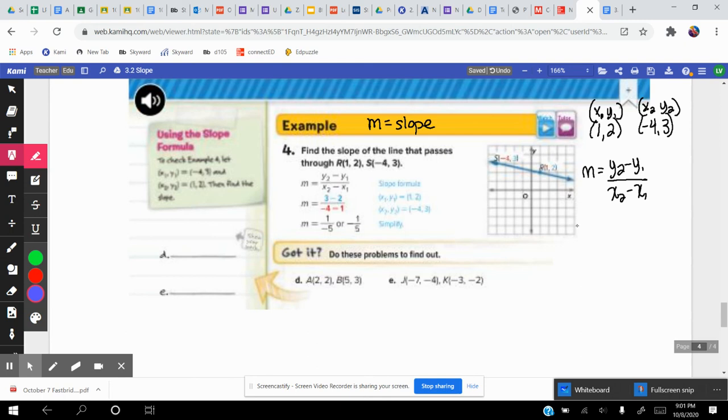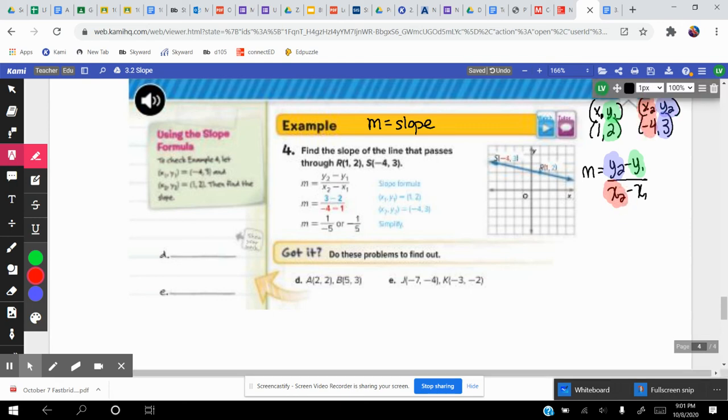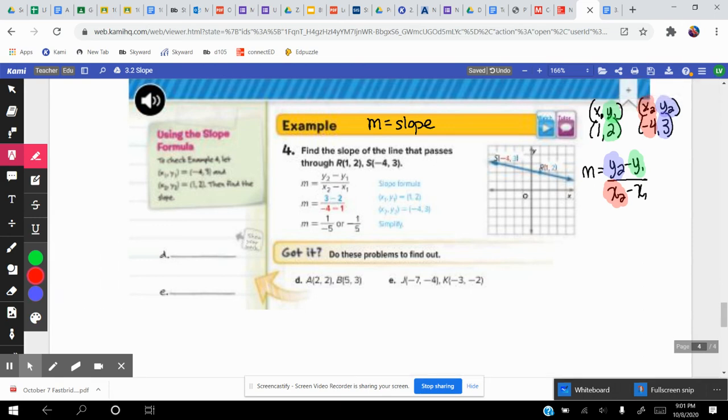So the first one I want to put in is my y2 value, which is represented with the number 3. Then I'll want to use my y1 value, which is up here with the number 2. In the denominator, I have an x2, which is labeled as a negative 4. And then I have my x1 value.